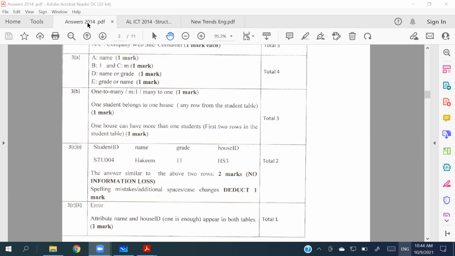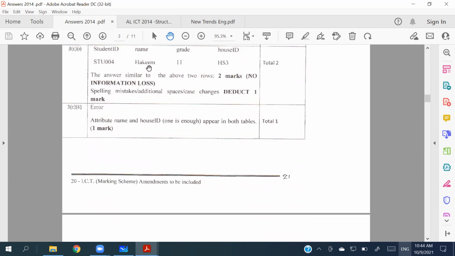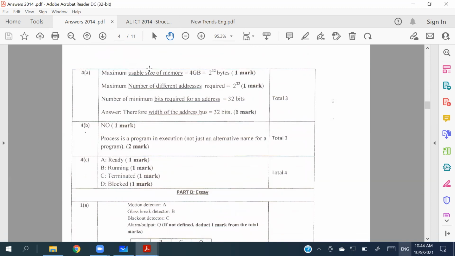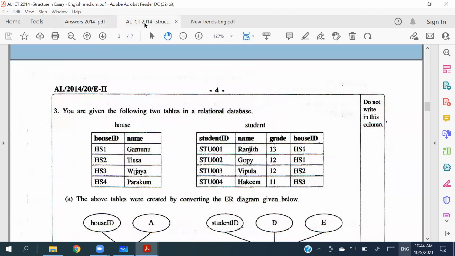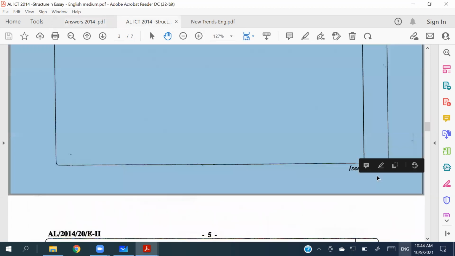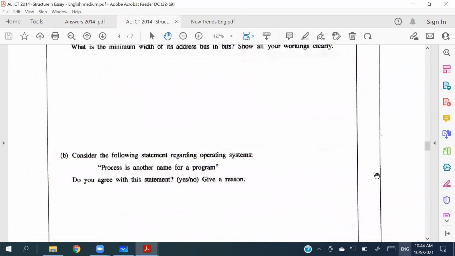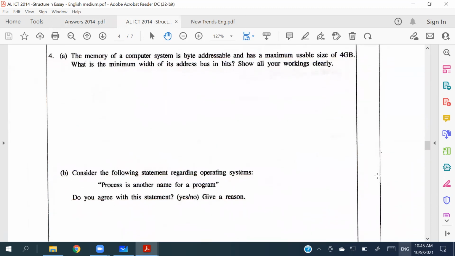Okay, so moving to the last structured question, the fourth one. It is talking about operating systems. And the first one is the calculation regarding the memory. It says the memory of a computer system is byte addressable and has a maximum usable size of 4 GB.